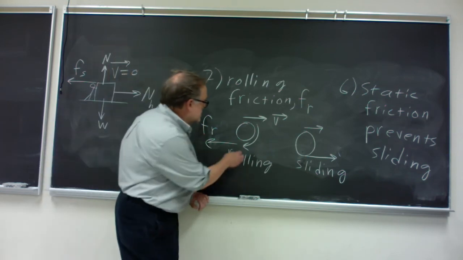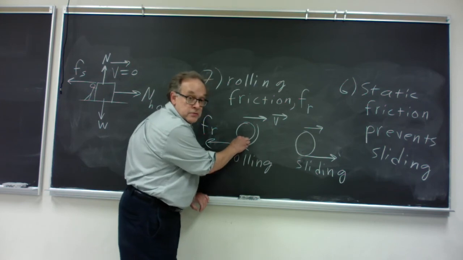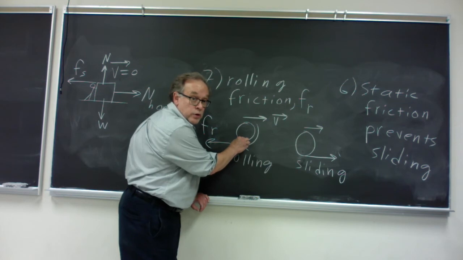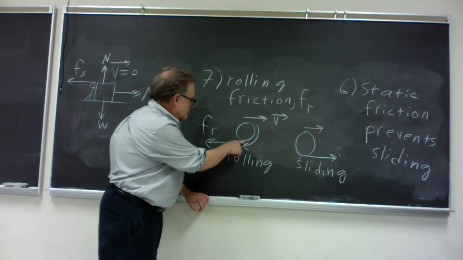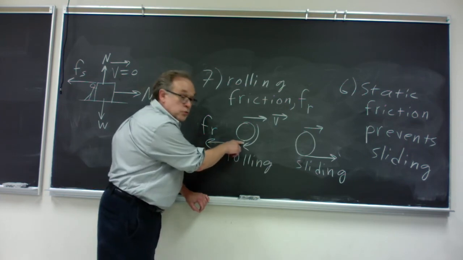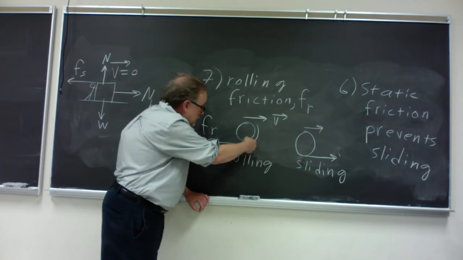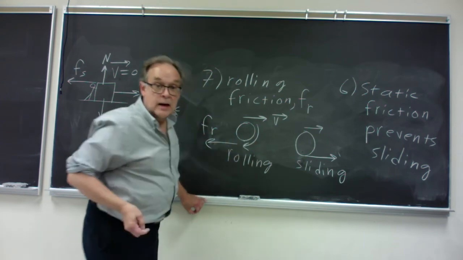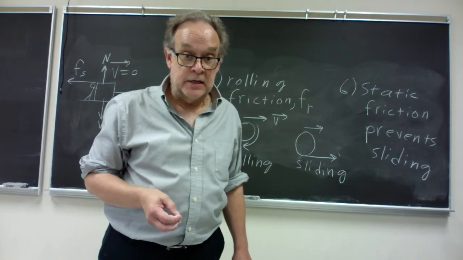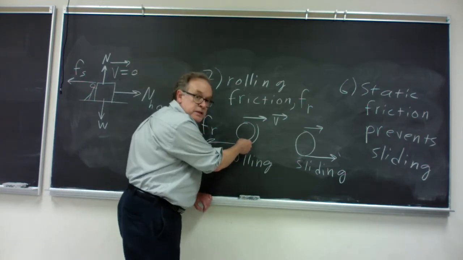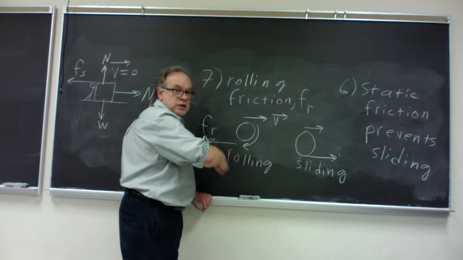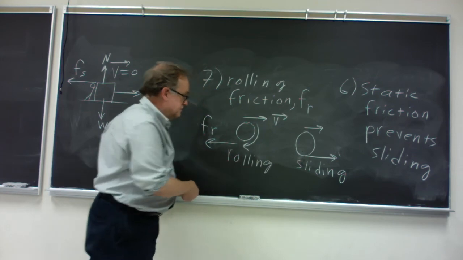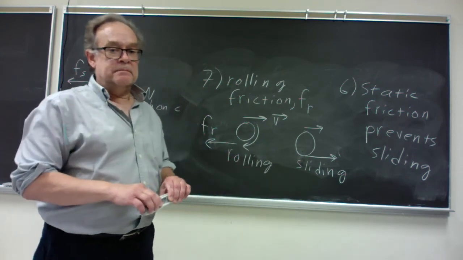What actually happens is that there's a tiny, brief adhesive bond between the road and the piece of the tire that's actually in contact with the road, long enough for this backward force to push this way on that piece of the tire. And pushing this piece of the tire this way, of course, is going to make the tire rotate clockwise. So those are 7 forces.